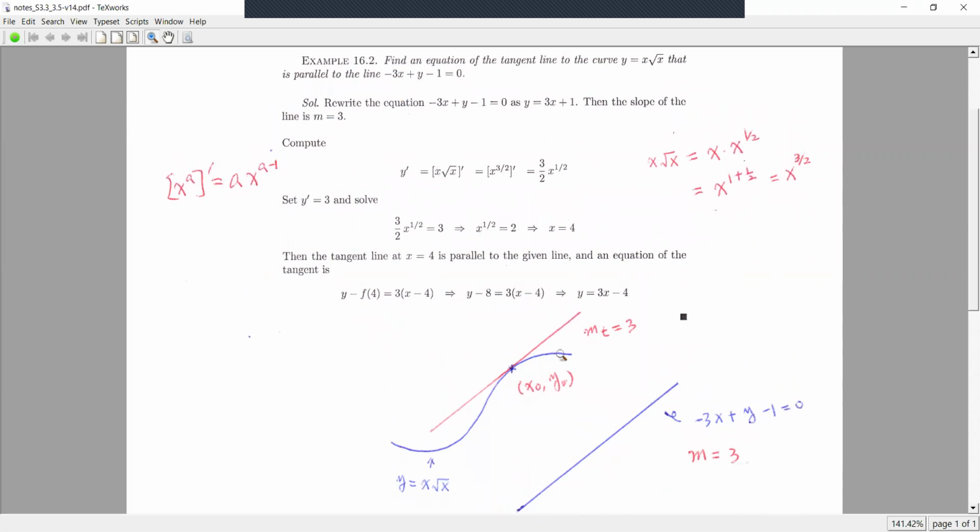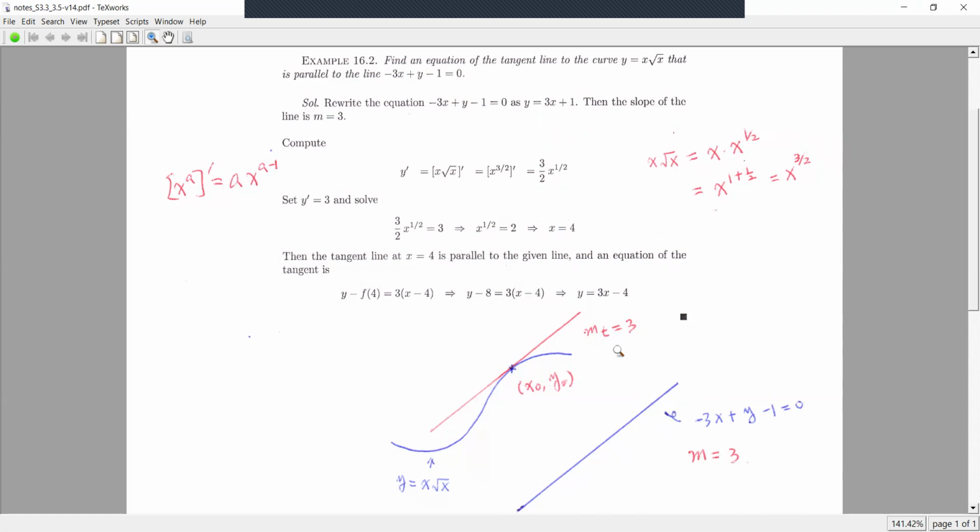On the curve, somewhere on the curve, the tangent line there is parallel to this given line. Now we need to write down the equation of this tangent line. Because the tangent line is parallel to the given line, and the given line has slope 3, the slope of the tangent line is 3.